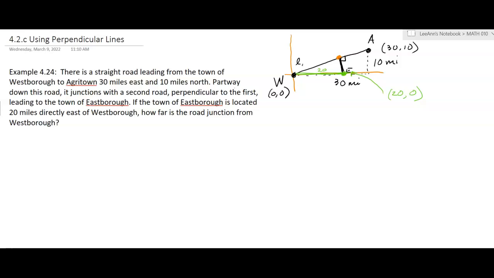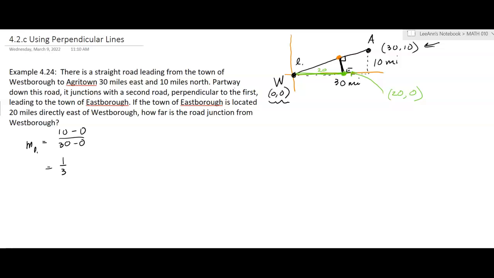We know the slope for line 1 is going to be 10 minus 0 over 30 minus 0, which simplifies to 1/3. That's just the slope formula, using the points 0, 0 and 30, 10. So we know the slope of the road from Westboro to Agratown. Great. And then we know the intercept is 0.